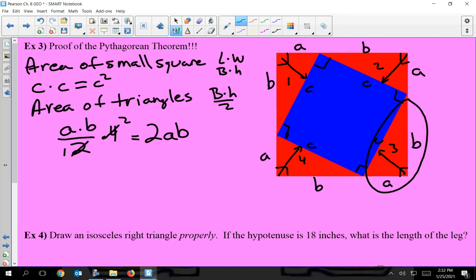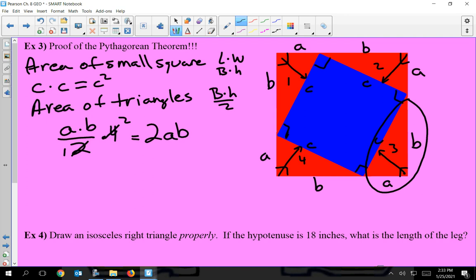Okay. So this is where it gets a little tricky. What does the area of the big square equal? I keep saying triangle, I'm sorry. The big square. What can I use to represent the big square? I've already found the areas that make it up.